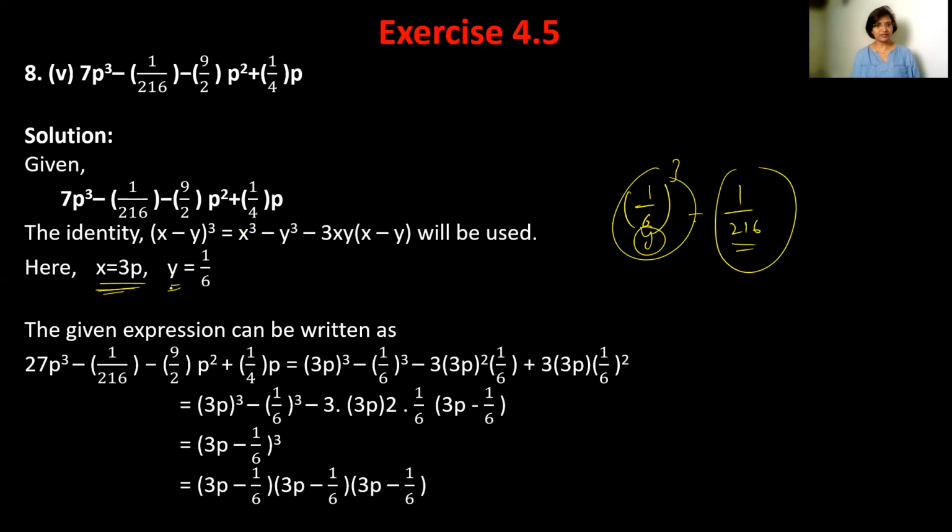Now we are putting these two values in the right hand side of the identity which we are using here. Which identity? I have written x minus y whole cube equals x cube minus y cube minus 3xy into x minus y. So here the expression can be written, after putting the values of x and y, as 3p whole cube minus 1 by 6 whole cube minus 3xy, this is whole square.